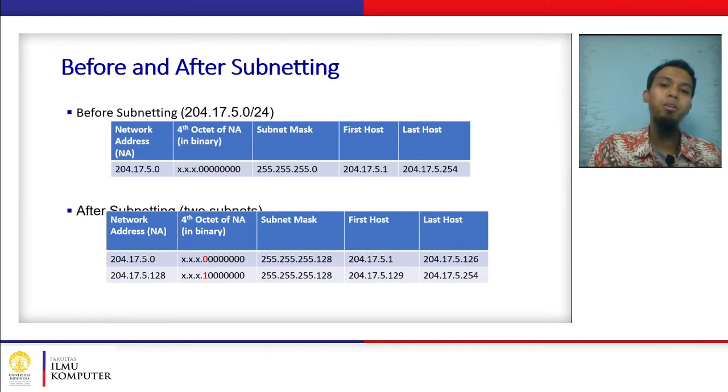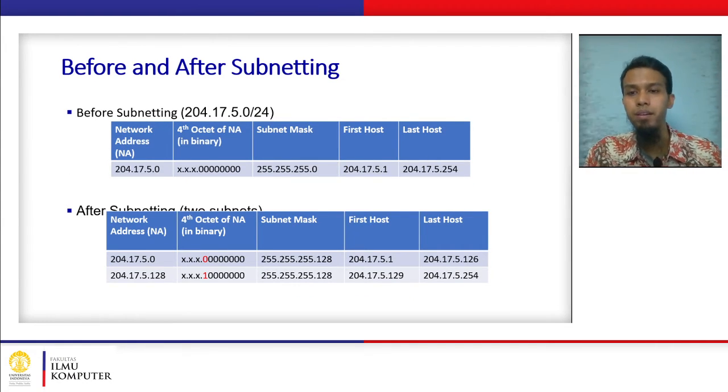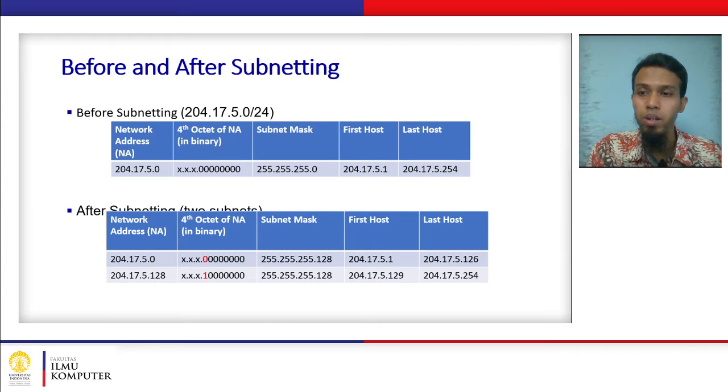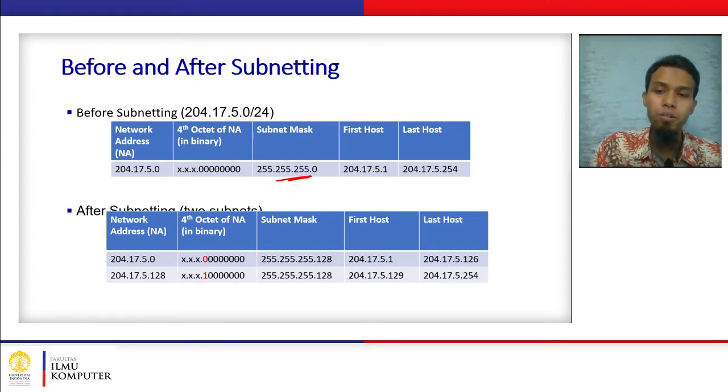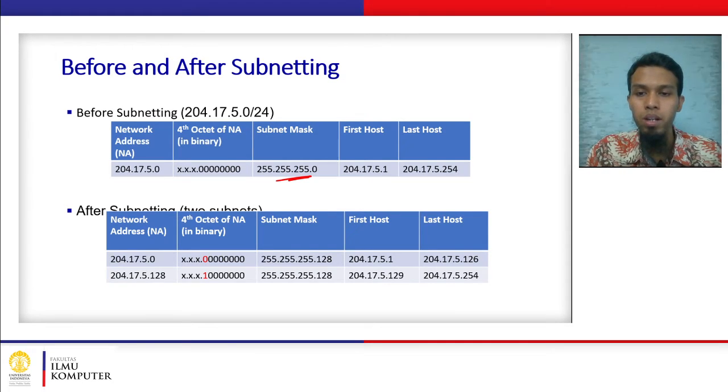Now if you look at the table before and after subnetting, I think we can skip this one. The subnet masks are different. Before it was 255.255.255.0, and now the last part becomes 128.